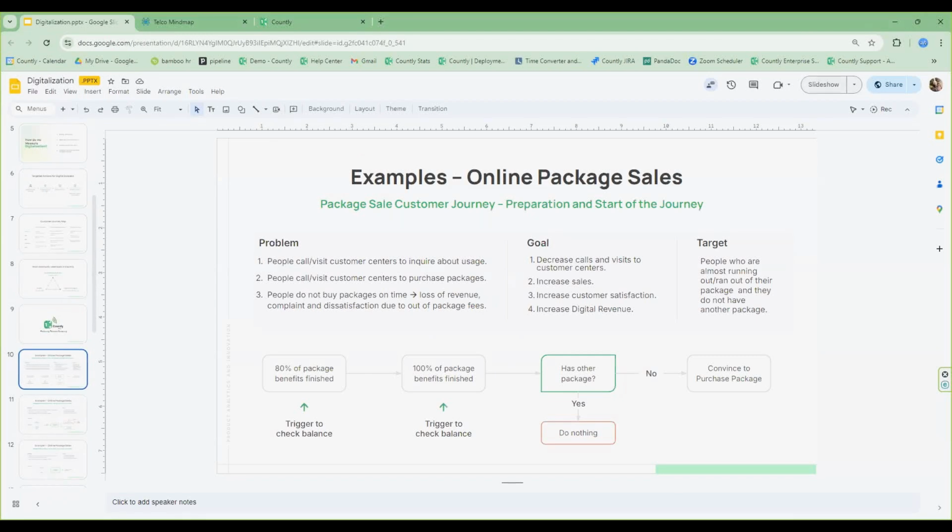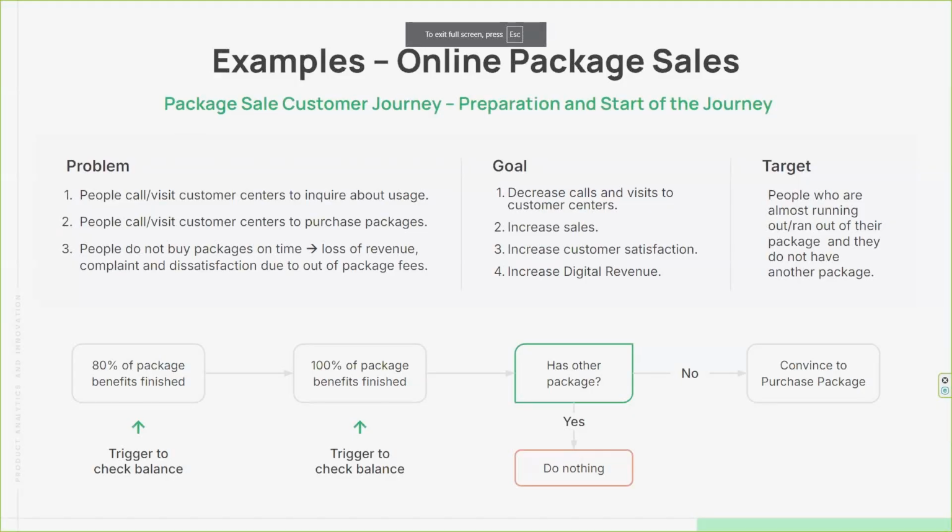The first one would be online package sales. So we are trying to convert revenues into digital channels. So our problems would be people could be calling our customer service centers, call centers to inquire about their usages. They might be calling to purchase packages.